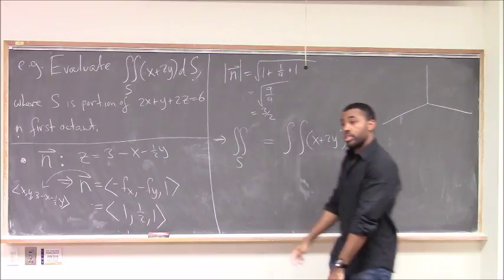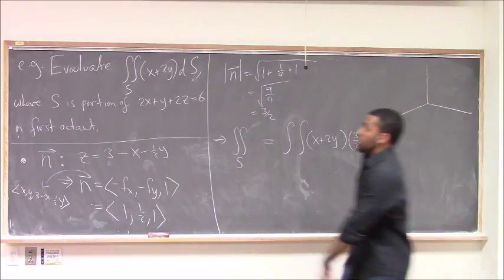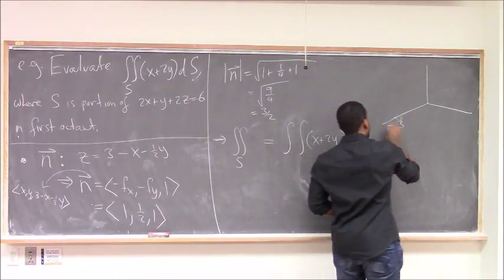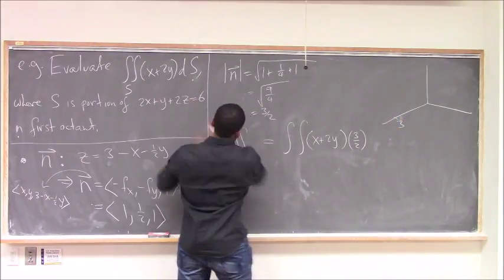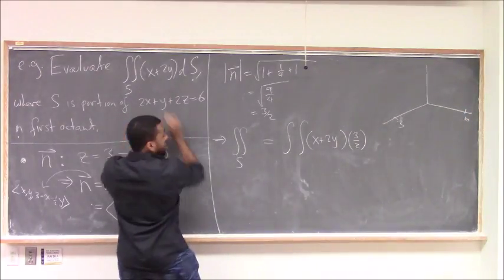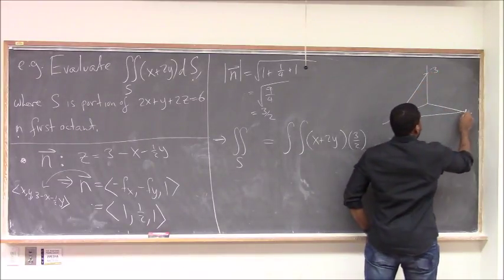How would I draw that picture? I'd set two variables equal to 0 at a time and solve for the other one. So on your x you'd have 3, on your y you'd have 6, and on your z you'd have 3. So you know this is the picture.